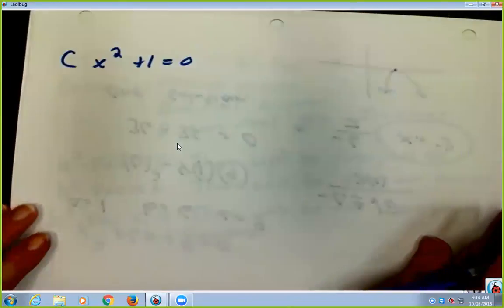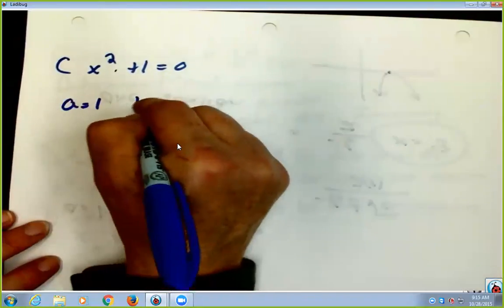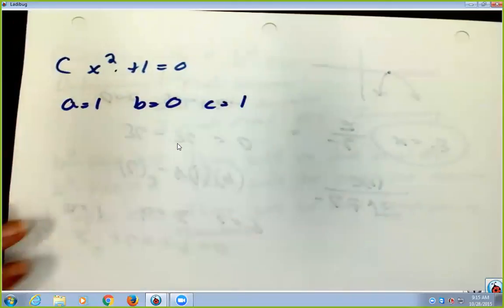And then the last one here, what would I end up with? It's in standard form, but what do you notice? I have no what? There's no B. There's no single X in there. So A is 1, B is 0, C is 1.